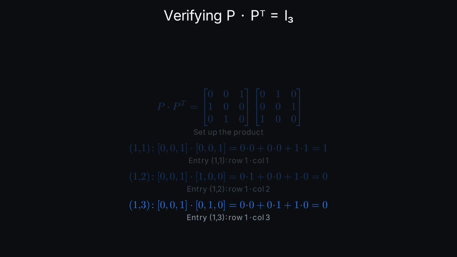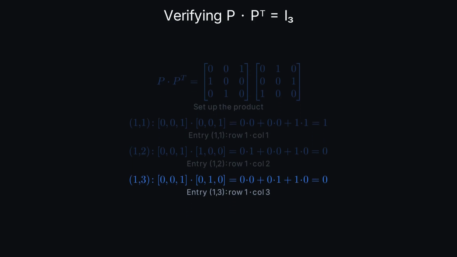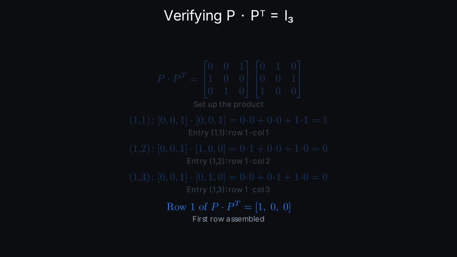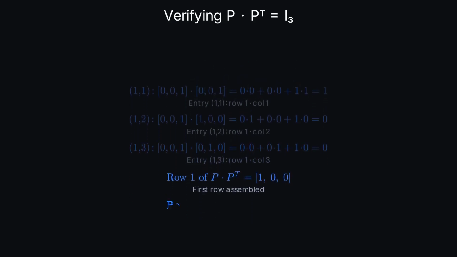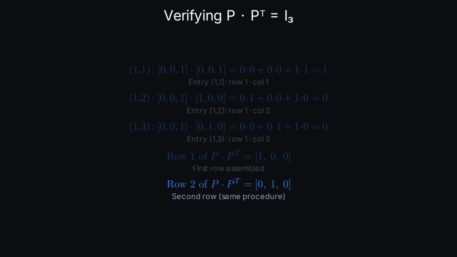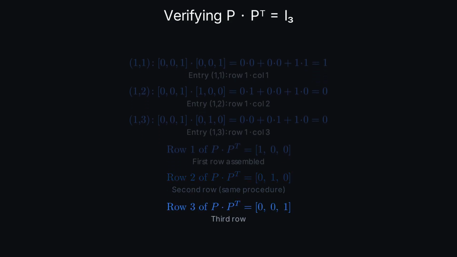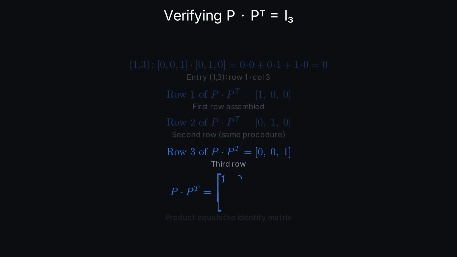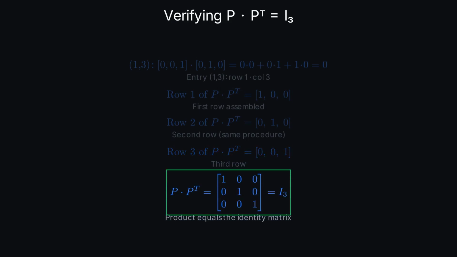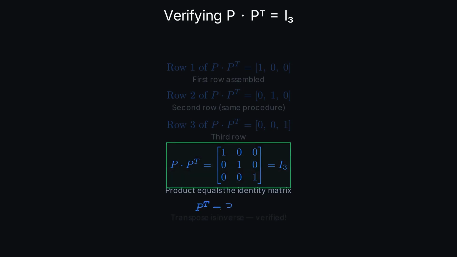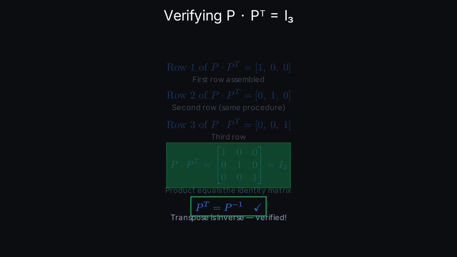Entry 1, 3 similarly equals 0, so the first row of the product is 1, 0, 0. Working through row 2 of the product gives 0, 1, 0, and row 3 gives 0, 0, 1. Therefore, P times P transpose equals the 3 by 3 identity matrix. This confirms that P transpose is indeed P inverse, just as the general rule promised for every permutation matrix.